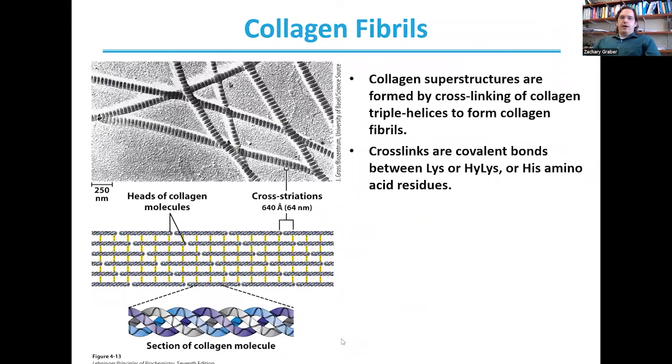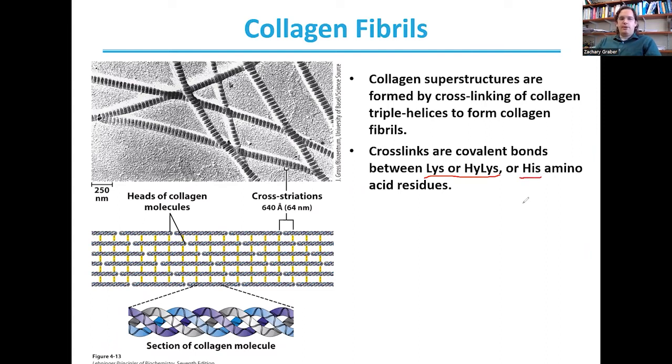So once we form our triple helix structure of our collagen, again, just like our alpha-keratin, we're going to combine that collagen fiber into larger collagen fibrils by cross-linking those collagen proteins together. So we take our individual collagen triple helices and we cross-link them. And we actually do this using a lysine or a hydroxylysine along with histidine amino acids.